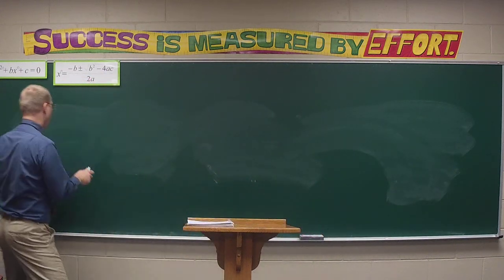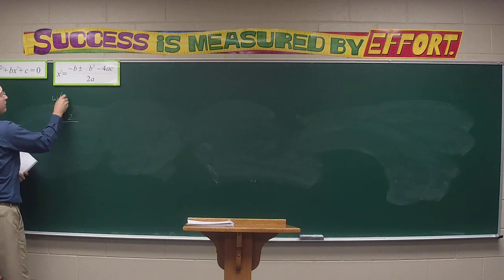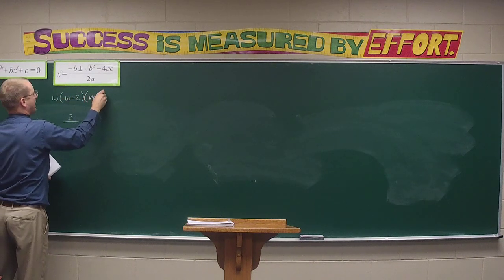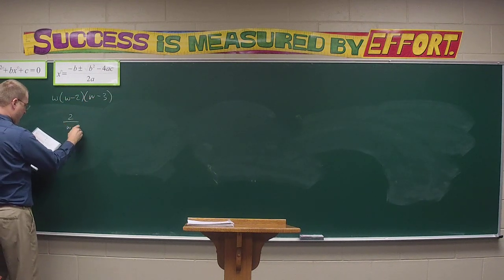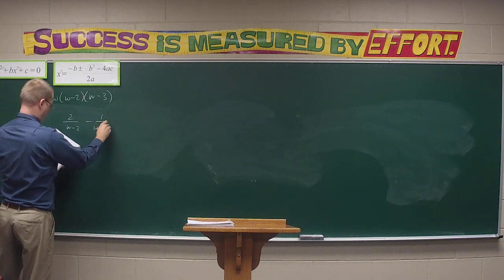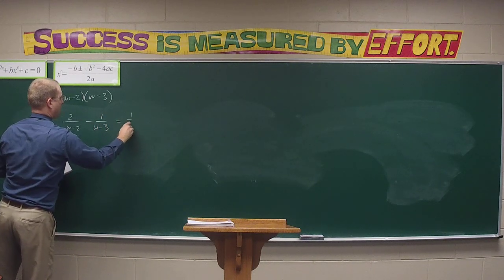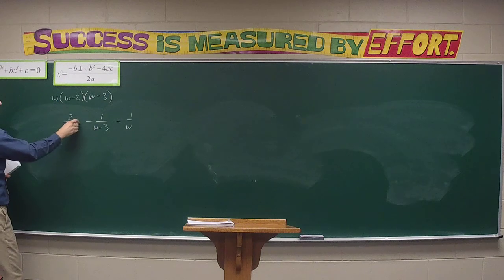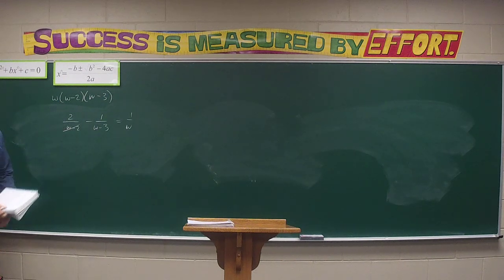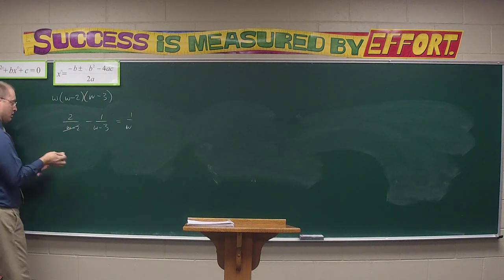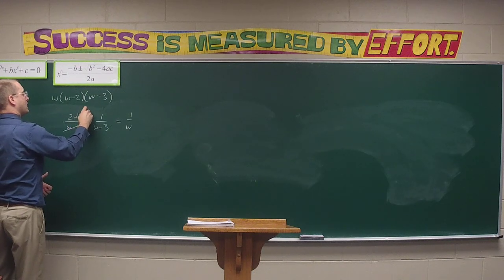And so when we multiply everything by W negative 2, W negative 3, obviously here the W negative 2's are going to cancel, but I'm still going to have the W and the W negative 3.